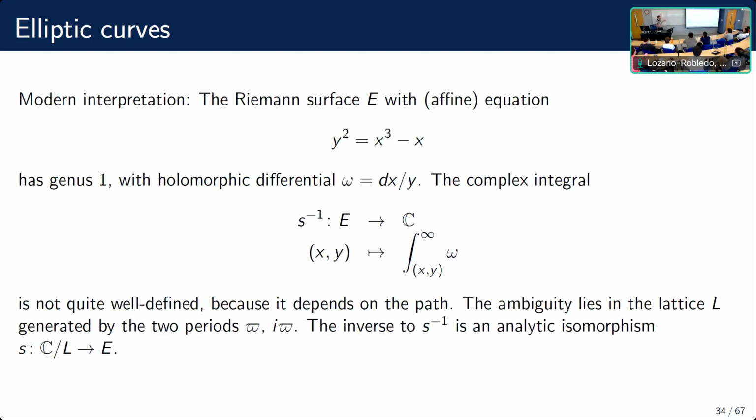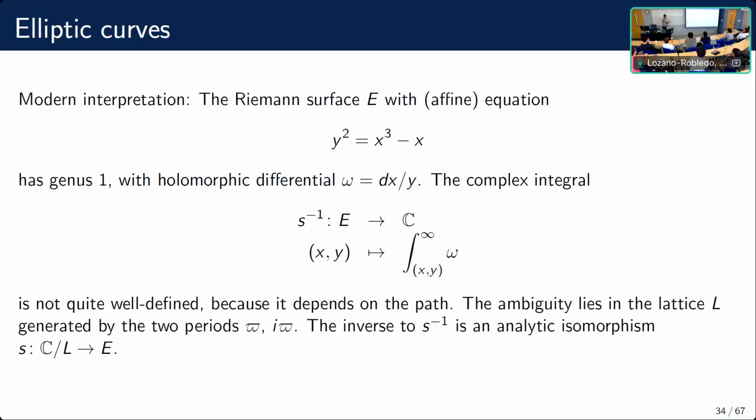So what we end up getting is that S inverse is defined, yes, and the inverse of S inverse, the thing I'm calling S, is really going to be defined on the complex numbers, this target over here. But I have to quotient the complex numbers by the lattice, and that lattice is spanned by pi and i pi.